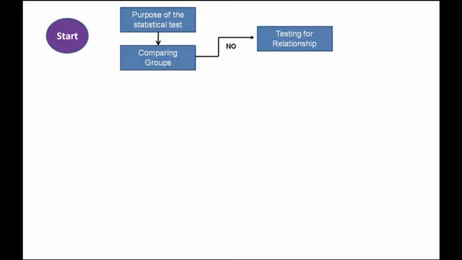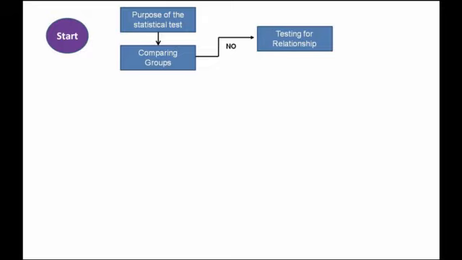That's comparison of groups. On the other hand, when we talk about testing for relationship, the focus here is to know association or relation between variables. For example, IQ and shoe size. Is shoe size related to IQ or not?